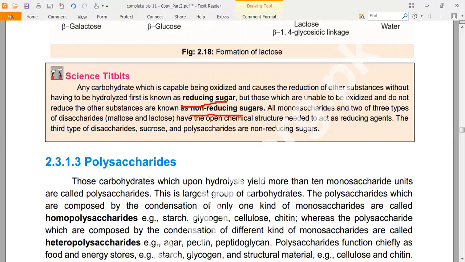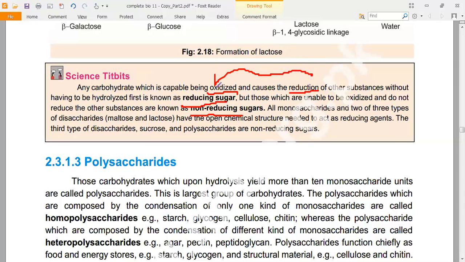A carbohydrate which is capable of being oxidized, meaning oxygen is added or electrons are removed, causes the reduction of other molecules without having to be hydrolyzed first. They don't hydrolyze, but they donate electrons to the other compound.